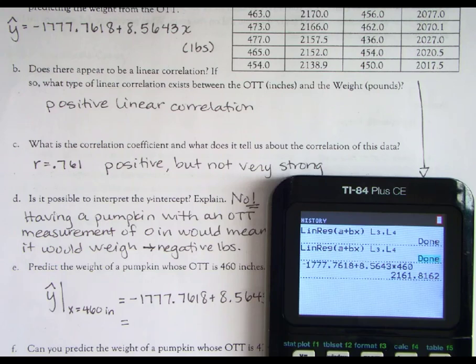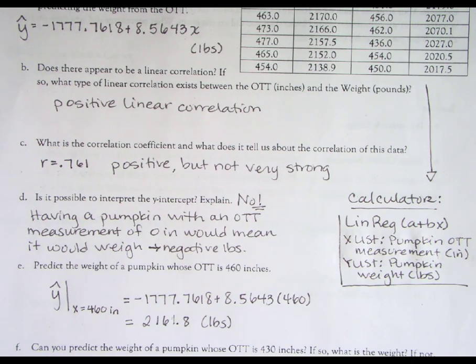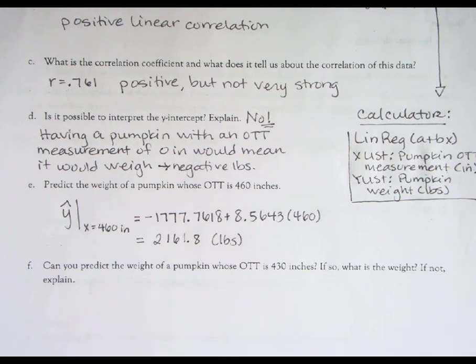My current y values are rounded to the nearest tenths place, so I'll need to do the same for the predicted value, which means I will round this to the nearest tenths place at 0.8. So a pumpkin whose over-the-top measurement is 460 inches would have an approximate weight of 2,161.8 pounds.